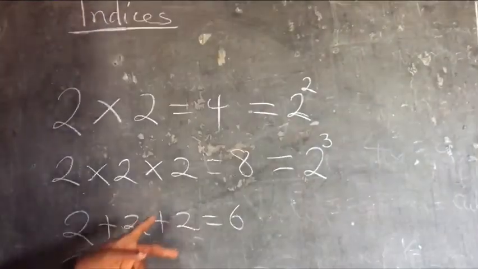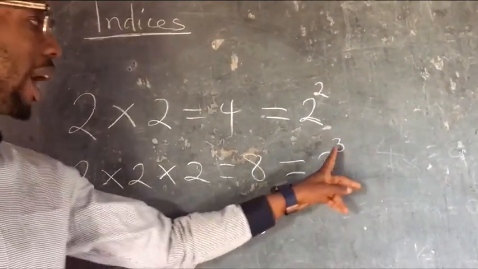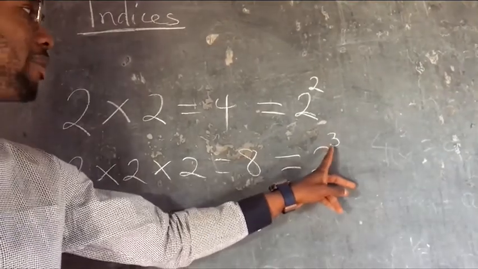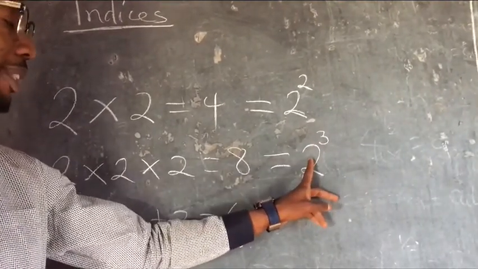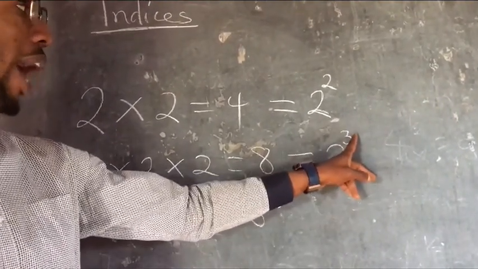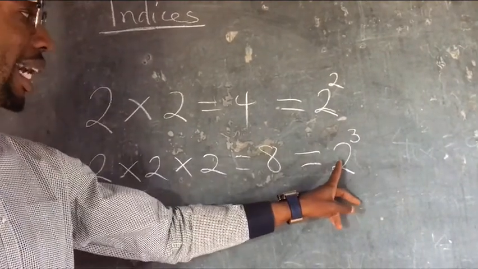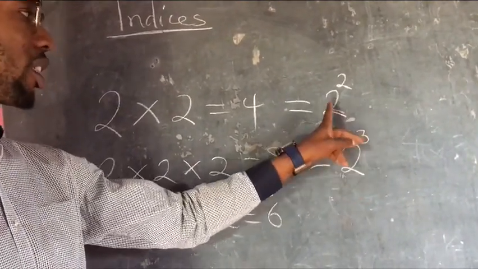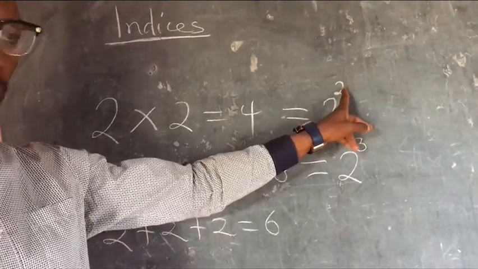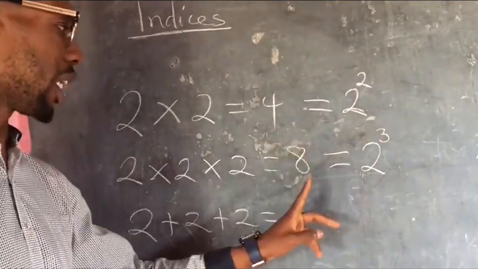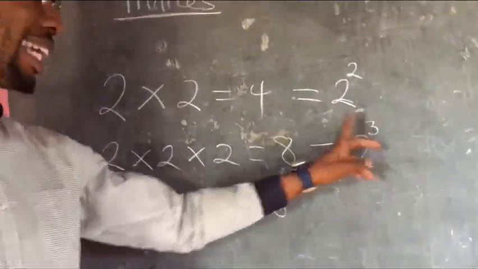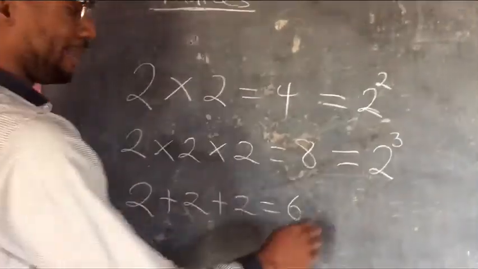How many times the number multiplies itself, we call the power. This one is 2 raised to the power 3. This one is 2 raised to the power 2.